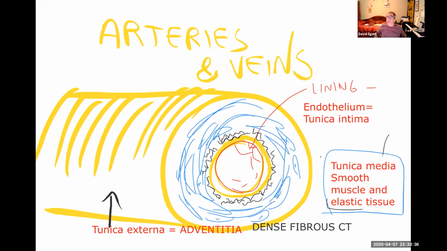Like when we get to the digestive system, the esophagus is going to be one of the few parts of the digestive tract that are not wrapped in the peritoneum and the serous membrane. And we'll say, oh, its outer coating is adventitia. Just means dense connective tissue, outer part of the thing. So dense fibrous CT.